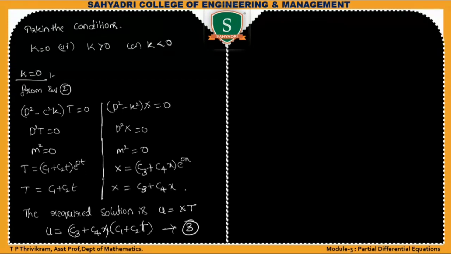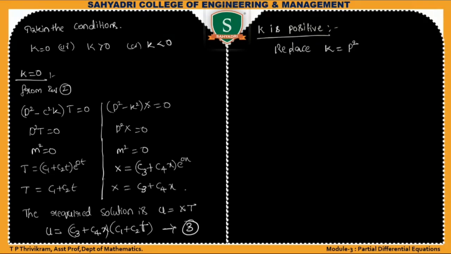Now I'll take one more condition, that is k is positive. If k is positive, replace k equal to some number p square, where p belongs to real numbers.